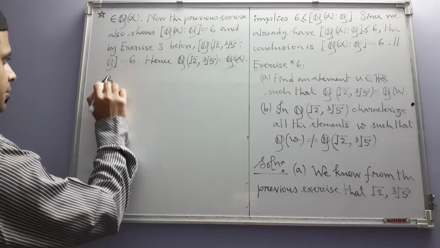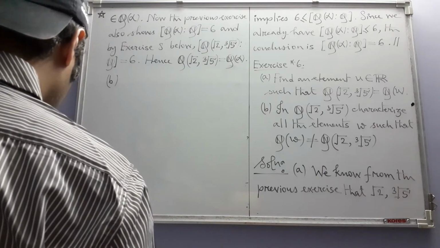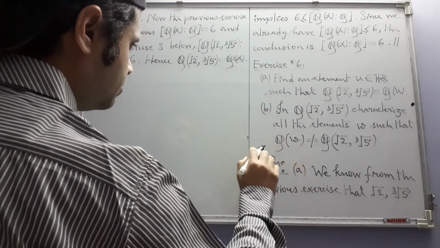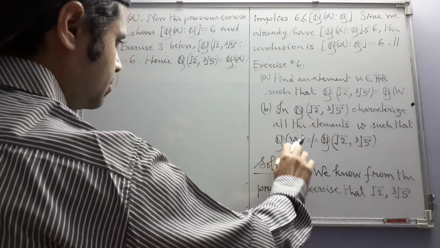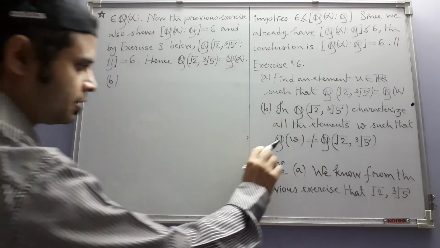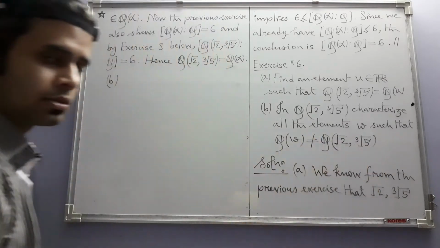Then in part B, this one will be a little longer. We have to characterize those real numbers w, of course, in this extension itself, for which this extension is not equal to the original one. That means this is going to be a proper subspace of this.